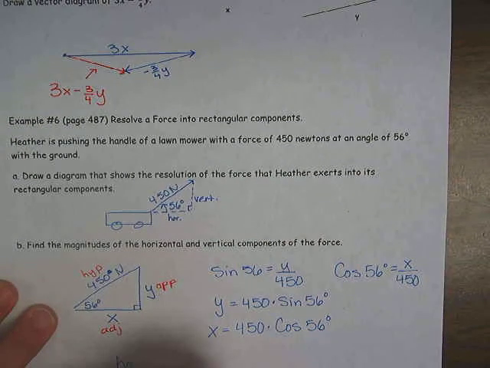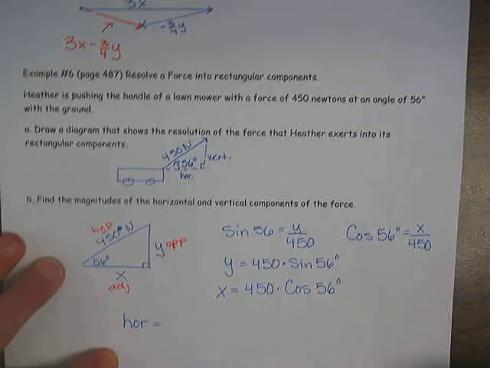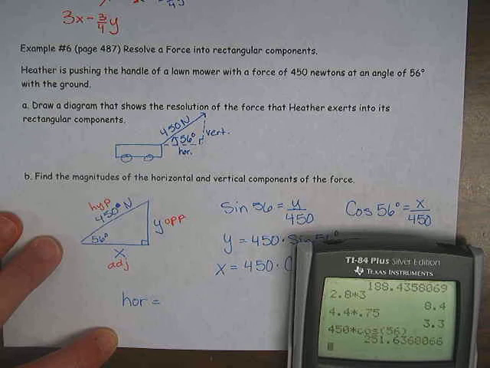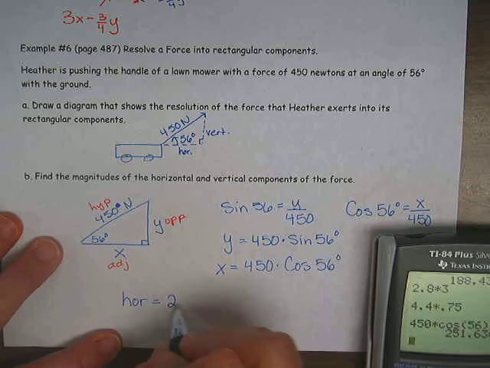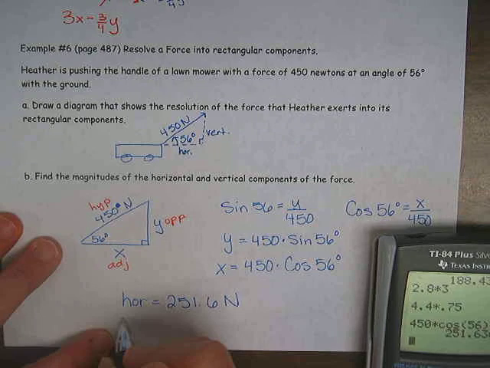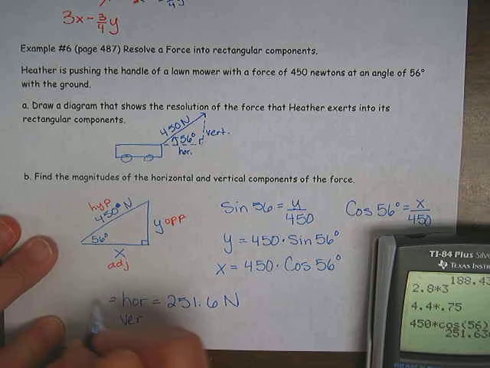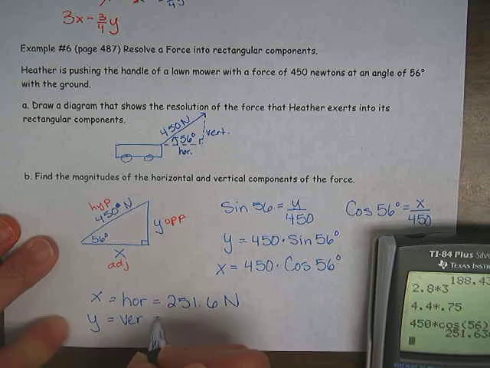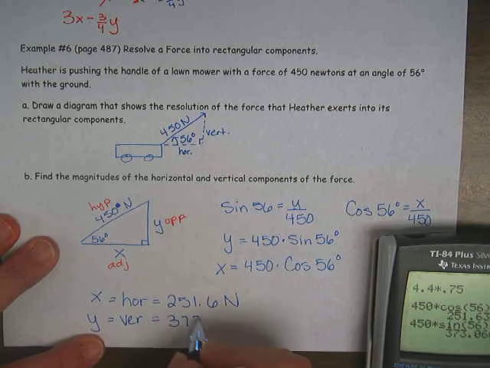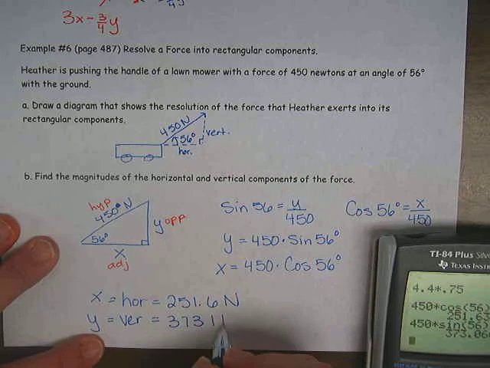So the horizontal component, if I plug that into my calculator, 450 times the cosine of 56 degrees is 251.6 newtons, and the vertical component, this is x and this is y, would equal 450 times the sine of 56 degrees, which is 373.1 newtons.